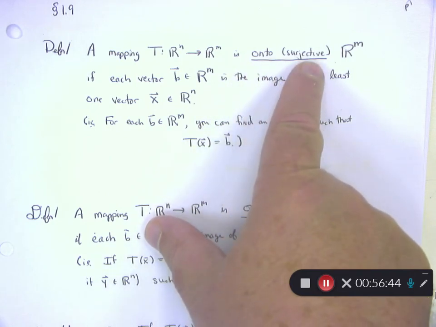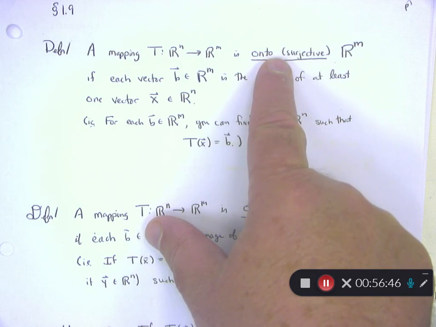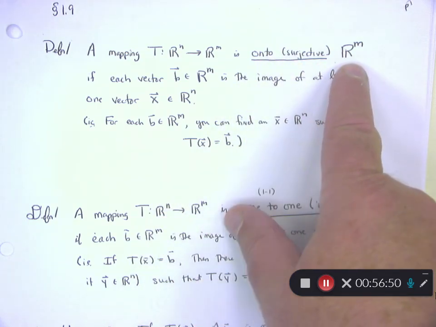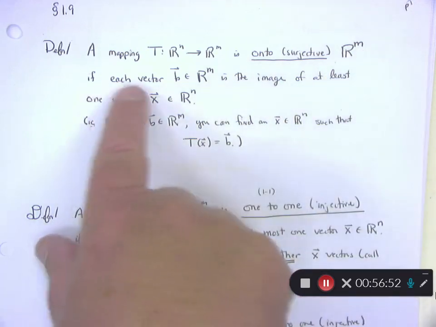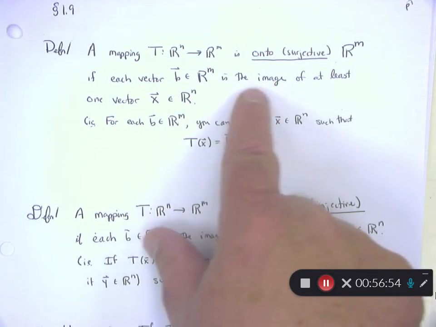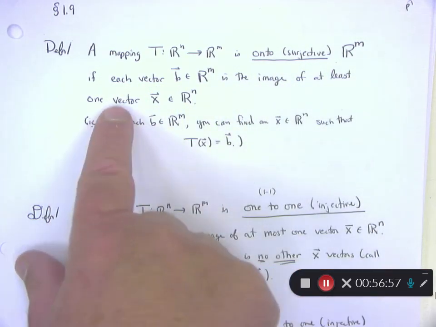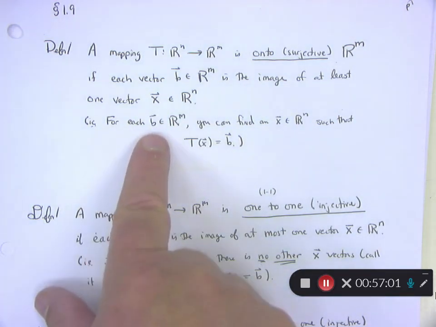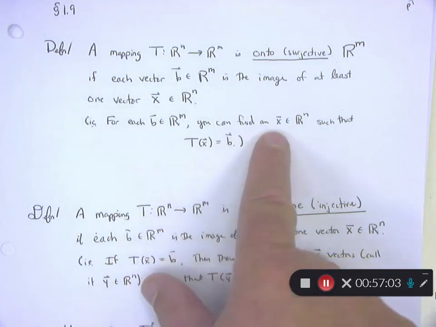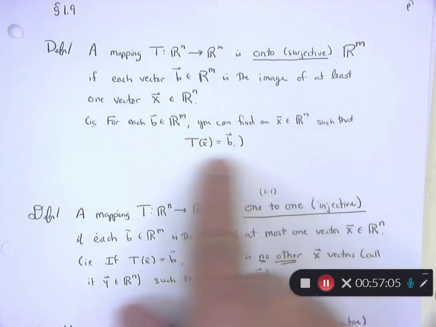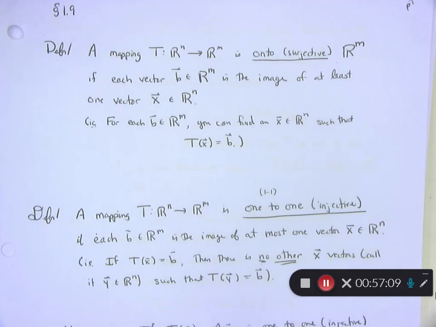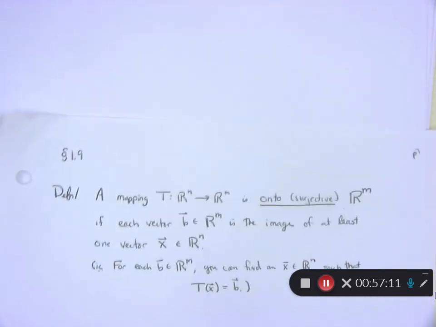Surjective is the traditional word for it. You guys probably know it better as onto. T is onto Rm if each vector b in Rm is the image of at least one vector x in Rn. I.e., for each b in Rm, you can find an x in Rn such that T of x is equal to b.